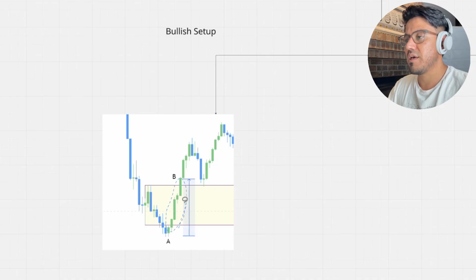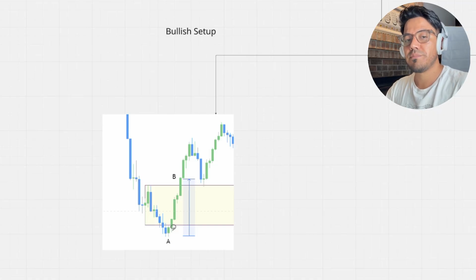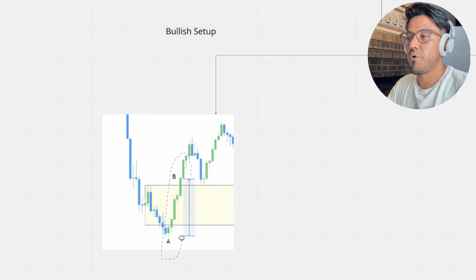As you can see, it is not just regular candle bodies, but large bodies. So there is high volume, high momentum, and it is breaking this key level. That's why we call it displacement from point A to point B.